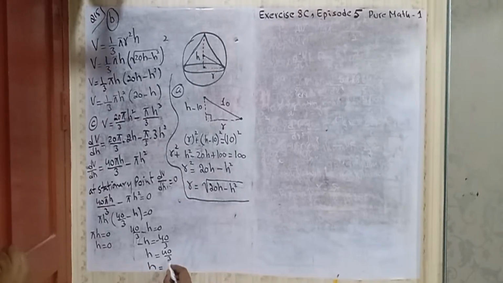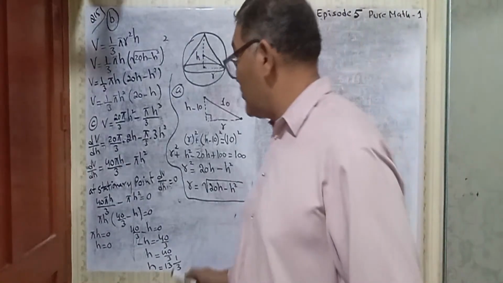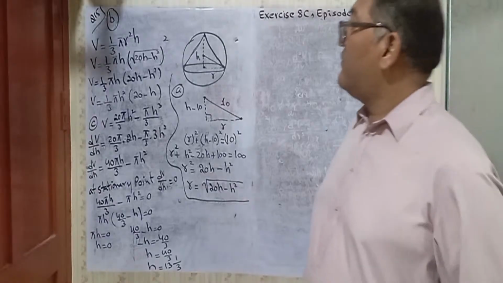So there are two values of h at the stationary point. When I made dV by dh equal to 0, from there I get two values of h. One is h equals 0. The other one is h equals 13 whole 1 by 3.